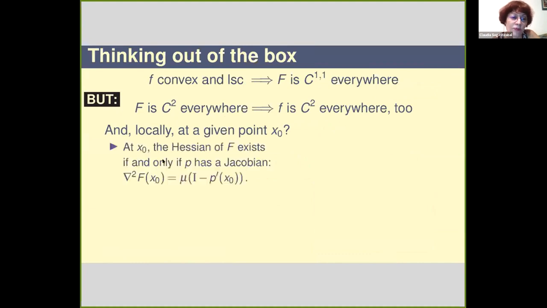Okay, what we showed is that because of the form that the gradient of the function has, there is not much to show here: the Hessian of f exists if and only if the proximal point has a Jacobian.